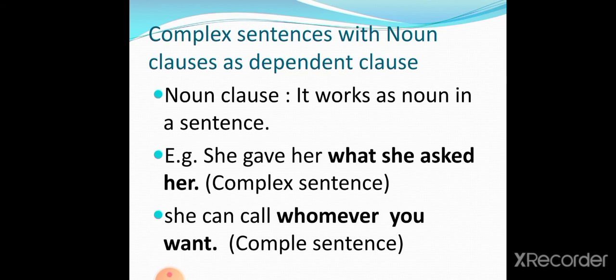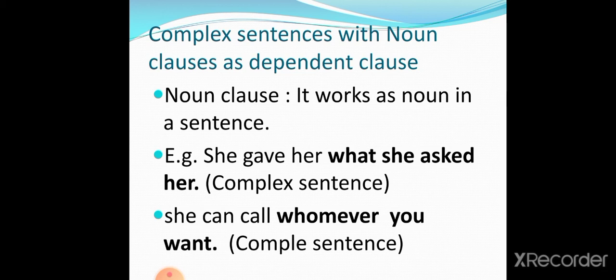Complex sentences with noun clauses as dependent clause. First of all, you have to see what a noun clause is. It works as a noun in a sentence. You all know very well noun is the name of any person, place or thing. For example, she gave her what she asked her. What over here is a relative pronoun.